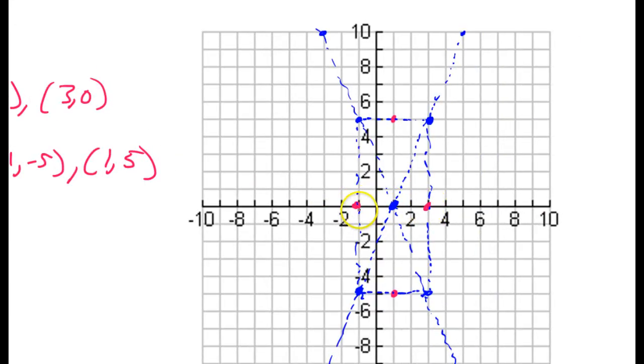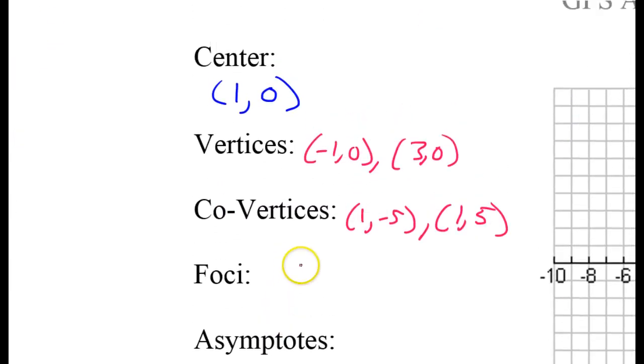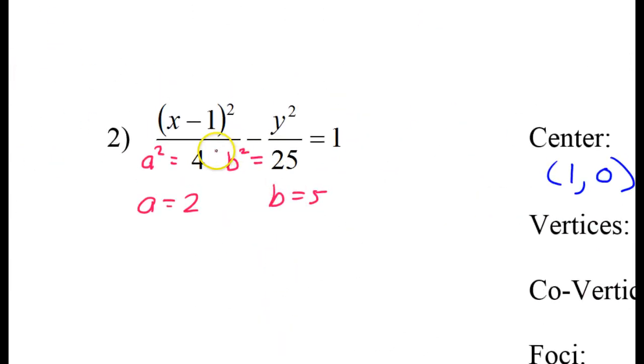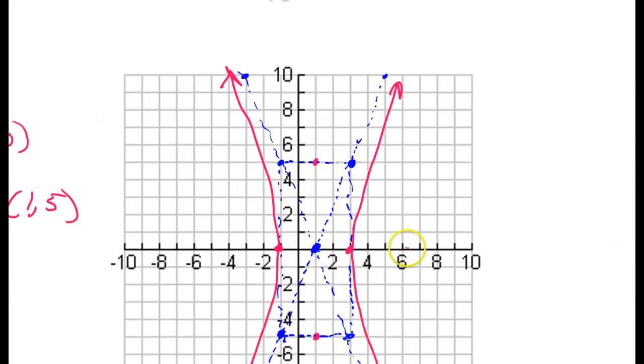If these are my vertices, you know, that a value, then this must be where my hyperbola is. Okay, and you've just got to approach the asymptotes. Now, another way to think about it is looking back at your equation. Look at which variable is first. If the x is first, then it's going to be a horizontal hyperbola, opening left and right. So I knew it would open left and right.